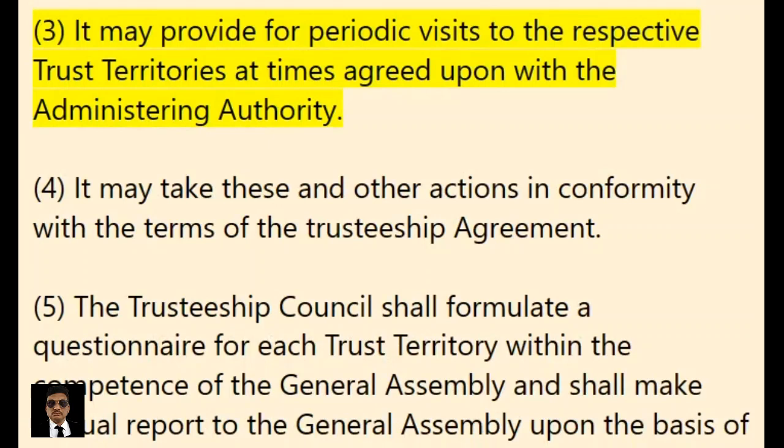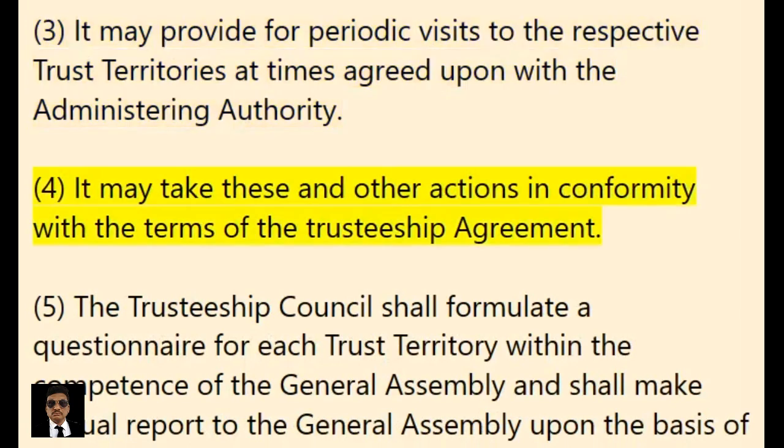It may provide for periodic visits to the respective trust territories at times agreed upon with the administering authority. 4. It may take these and other actions in conformity with the terms of the trusteeship agreement.